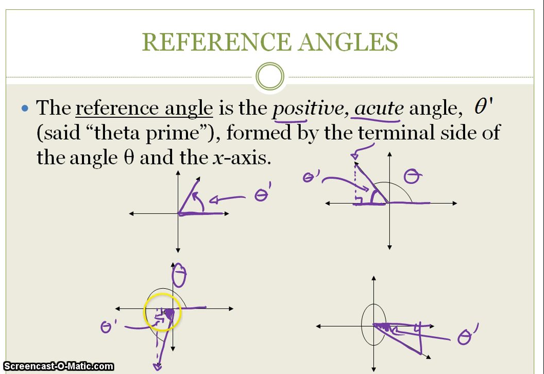Your theta prime, your reference angle, is this one here that's formed between the terminal side and the x-axis. And if you have this large angle that's more than 270 degrees where the terminal side is in the fourth quadrant, the reference angle is the small one in the triangle that's formed between the terminal side and the x-axis. So it's always formed between the terminal side of the angle and the x-axis, and that will be your reference angle.